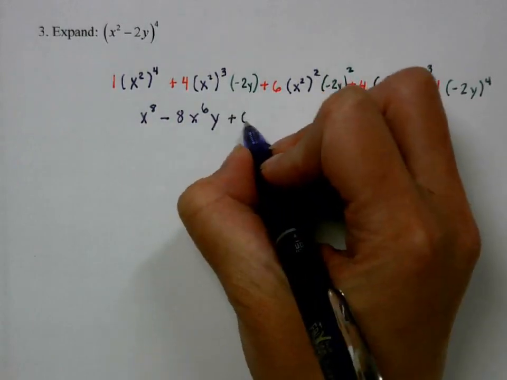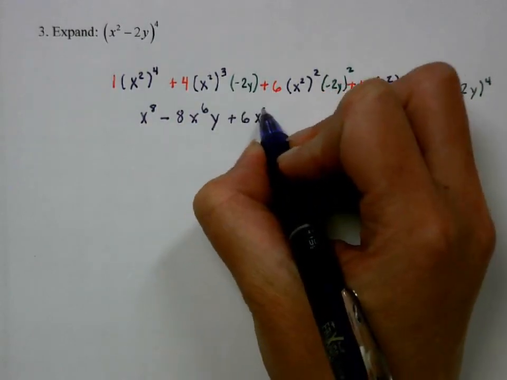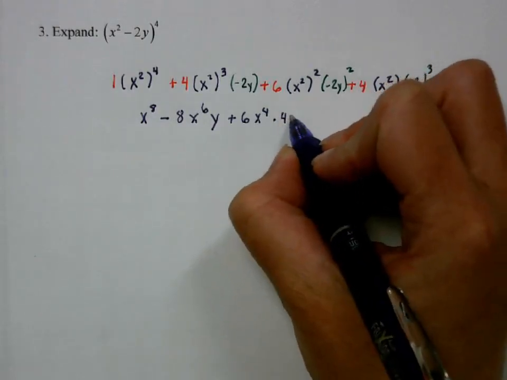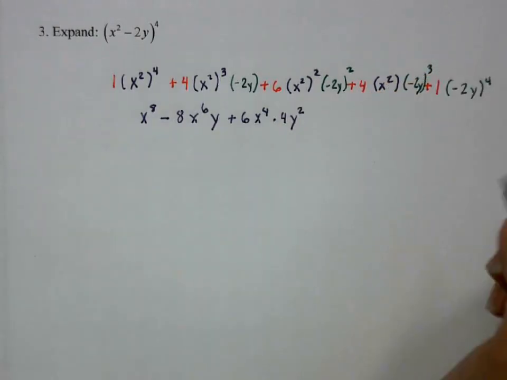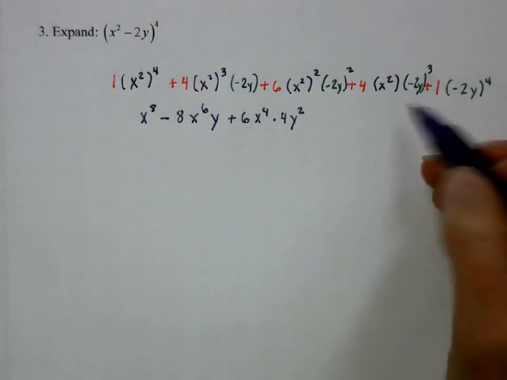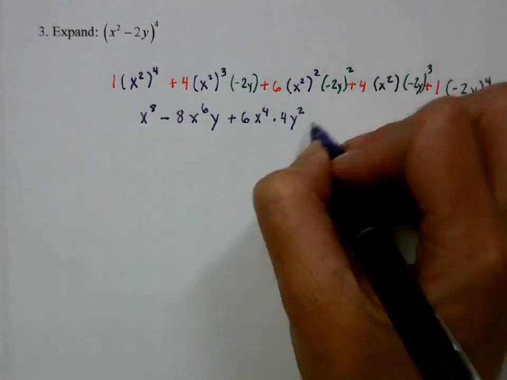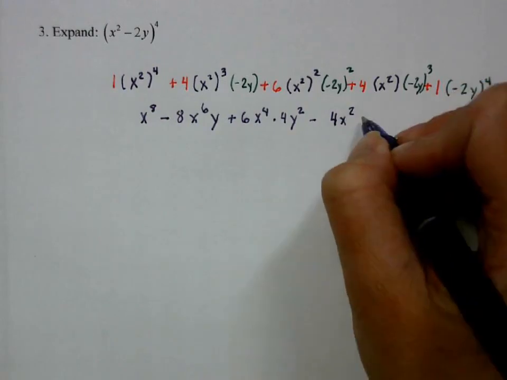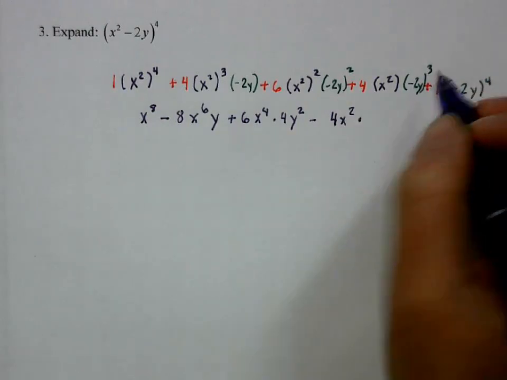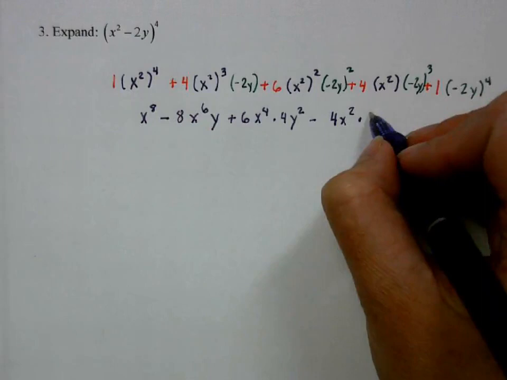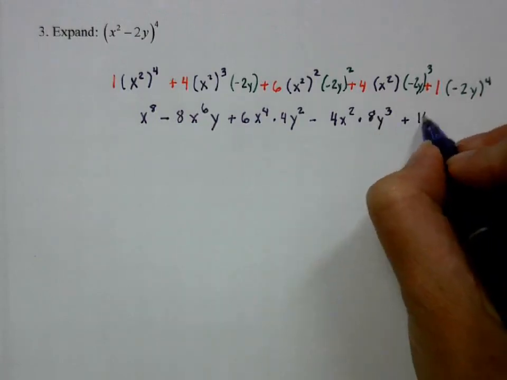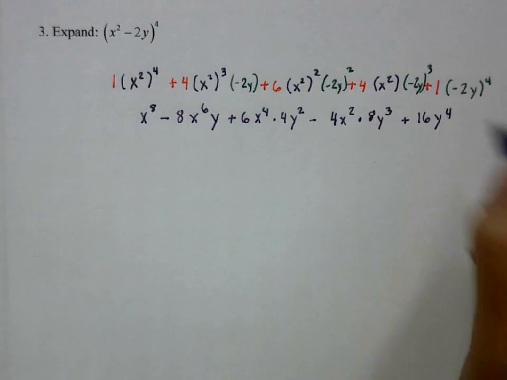So this is going to be 6 x to the 4th, and then negative 2y squared is going to be 4y squared, and it's positive. The next one is going to be an odd power, so that makes this negative. 4x squared times 2y cubed is going to be negative, I already dealt with that, 8y cubed, and then this will be a positive 16y to the 4th.